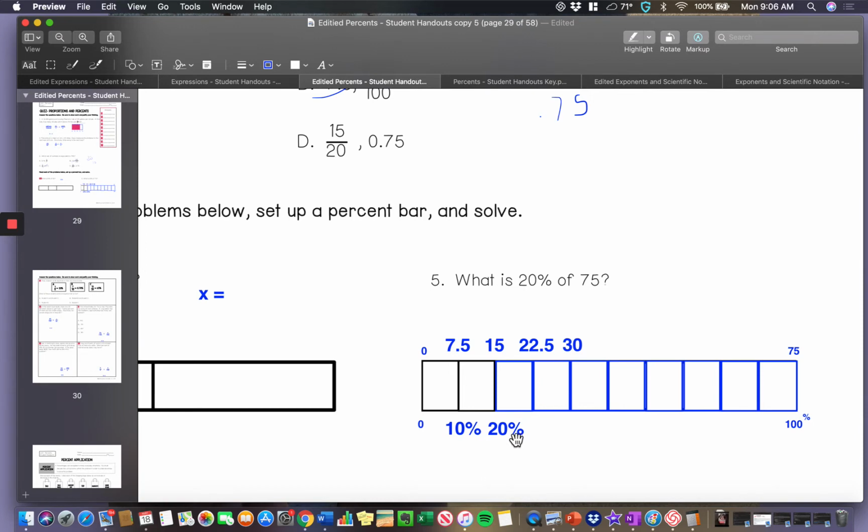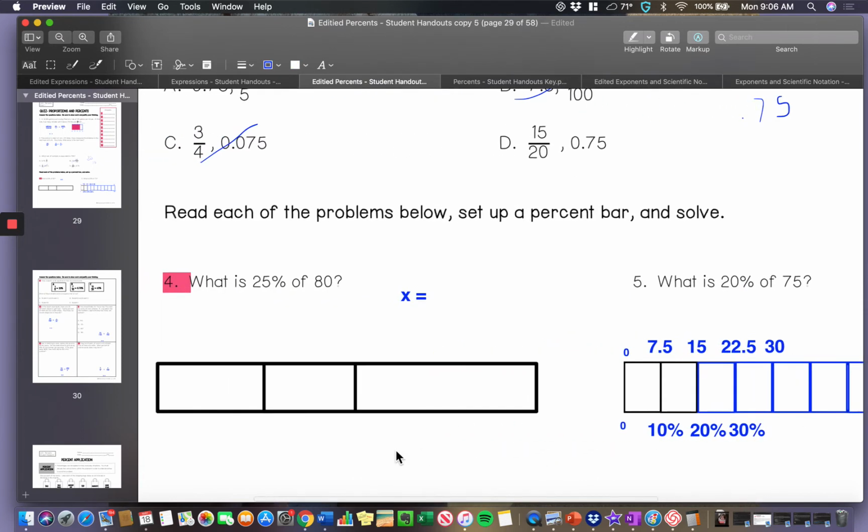And these are going to be increasing by 10 each time. So instead of 20%, I'm going to get 30%. And you're going to fill in the rest of these, and you're going to attempt these.